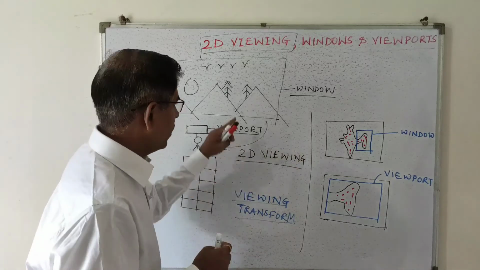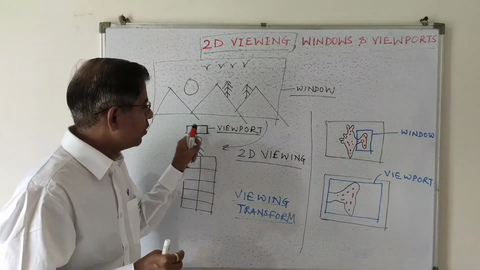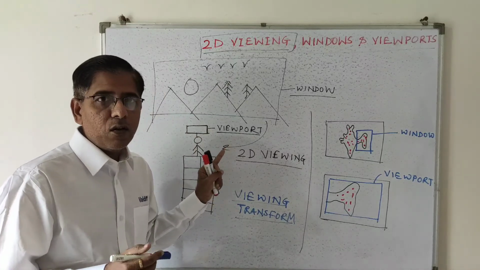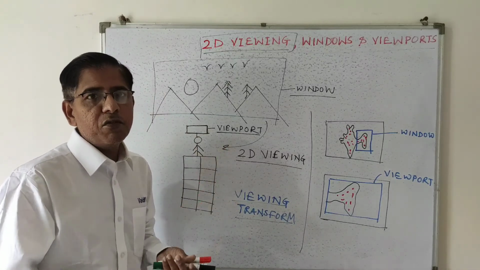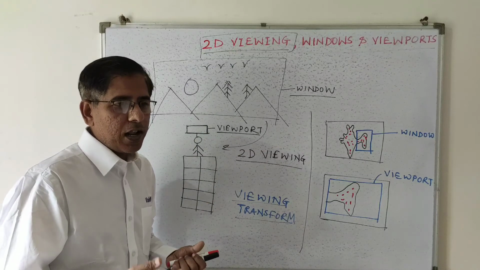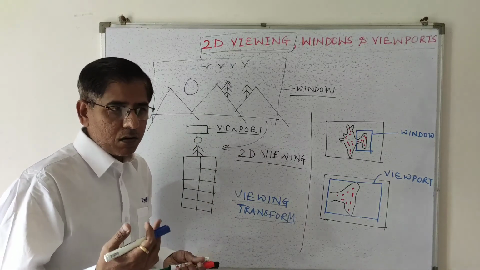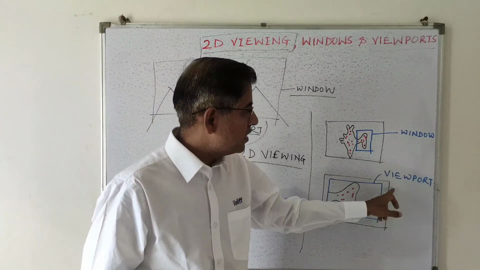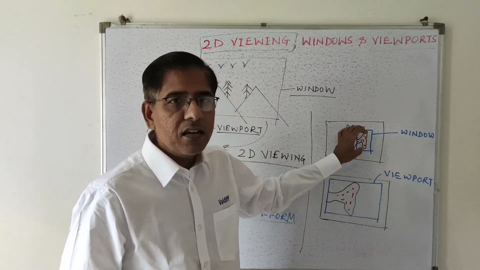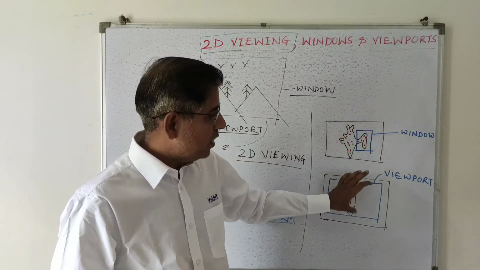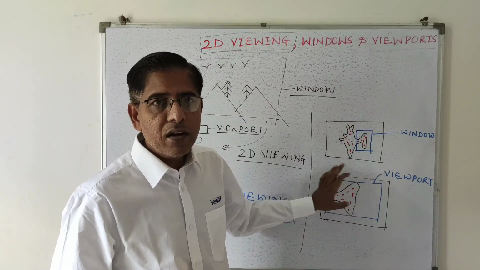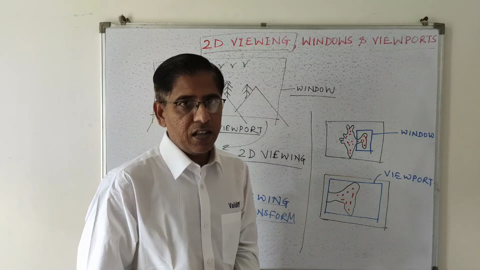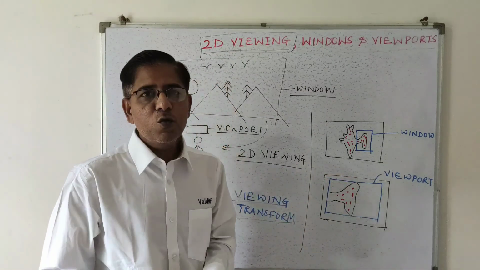In the first example, the viewport is the rectangle of a screen of a laptop, video, mobile or your camera. Whereas in this case, you are enlarging a particular portion of a screen into another screen where it looks at a larger scale. So this is the concept of 2D viewing.